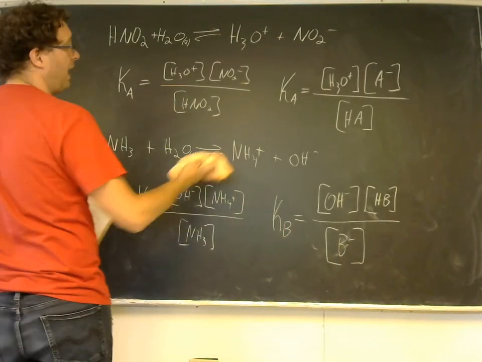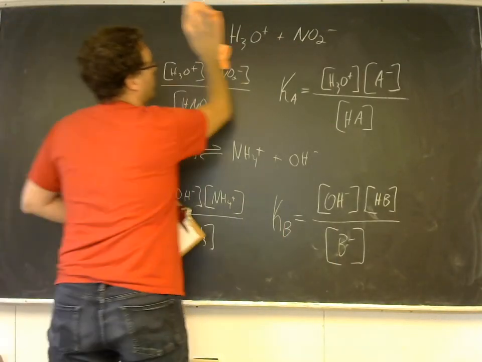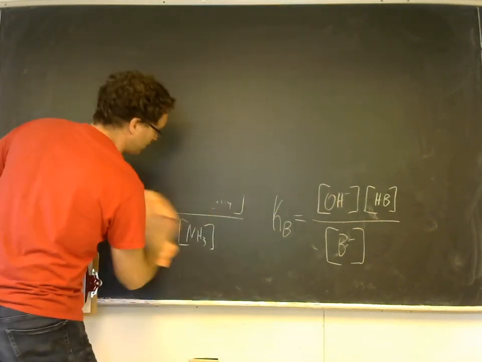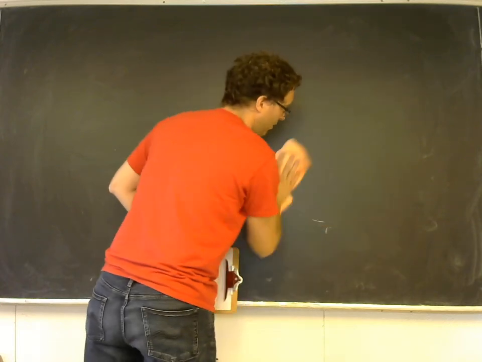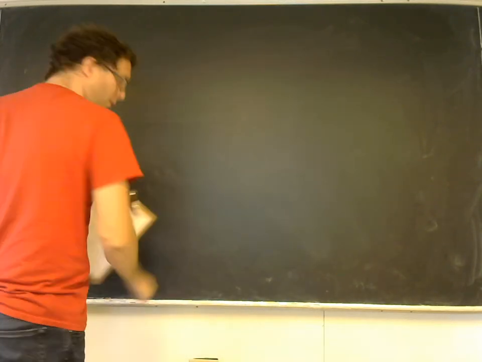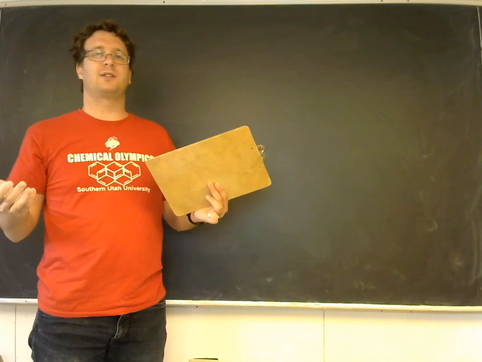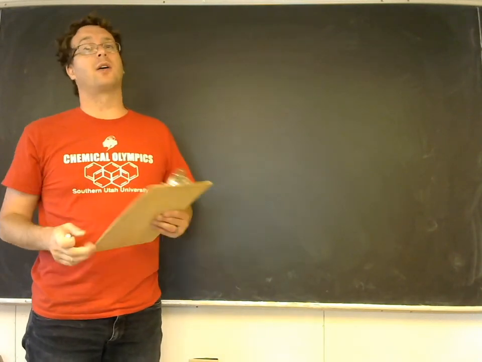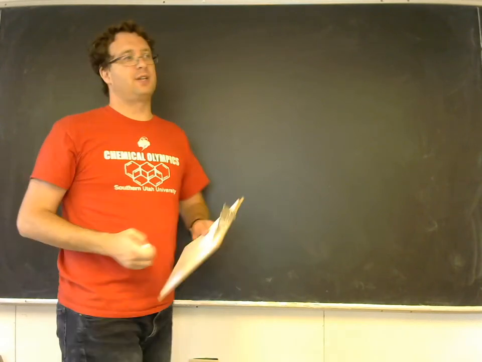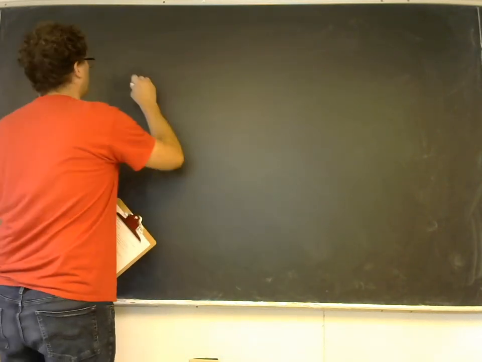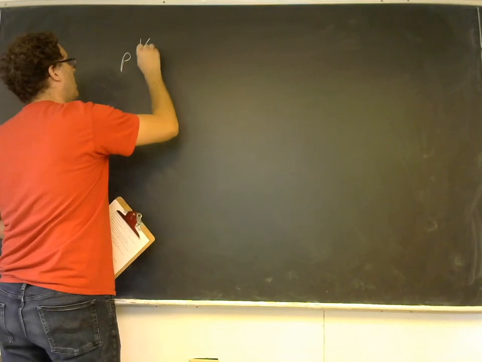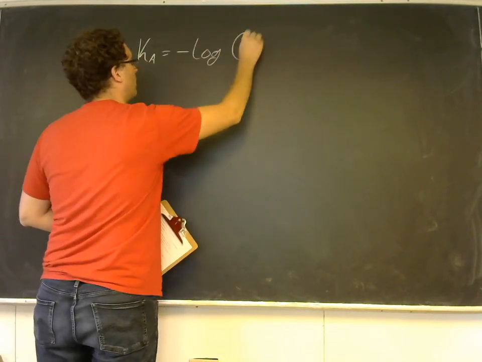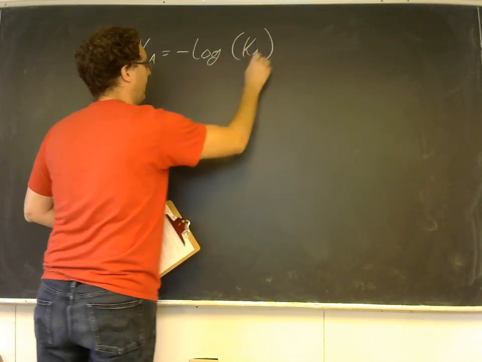Your Ka values will range widely in their values. Just like H3O+ concentration ranges over many, many orders of magnitude, and it becomes convenient to talk about something like the pH, the negative log of the H3O+ concentration, we'll also sometimes talk about the pKa, which is the negative log of the Ka.